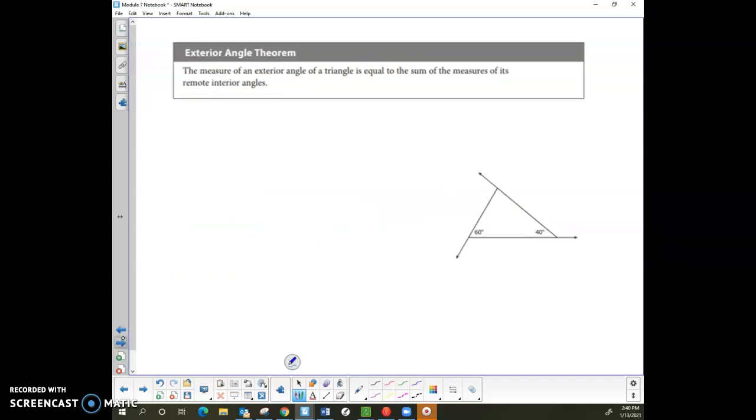All right, there's a theorem about these that says the measure of an exterior angle of a triangle is equal to the sum of the measures of its remote interior angles. So what this means is if I add the remote interior angles together, the exterior angle across from them will be those added together. So in this case, it would be 100 degrees.